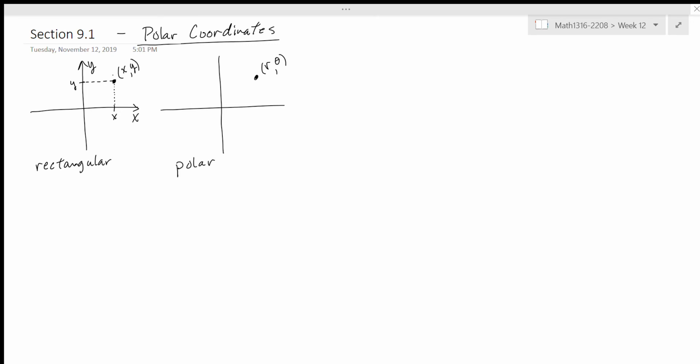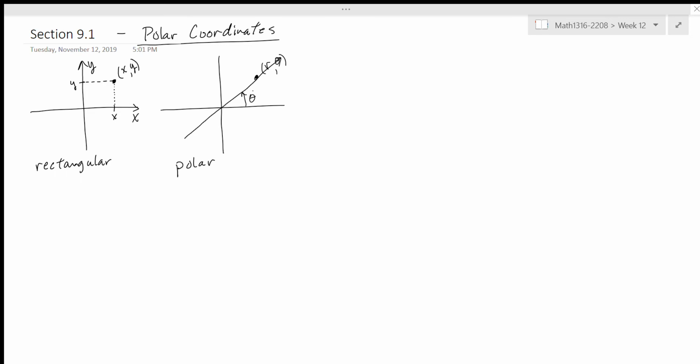Okay. In order to plot a point in the polar coordinate system, the first thing you do is you locate the angle. The angle is going to tell you which direction to go in.